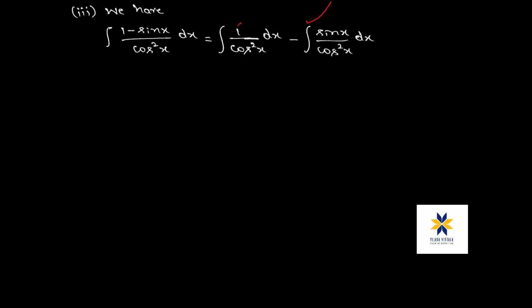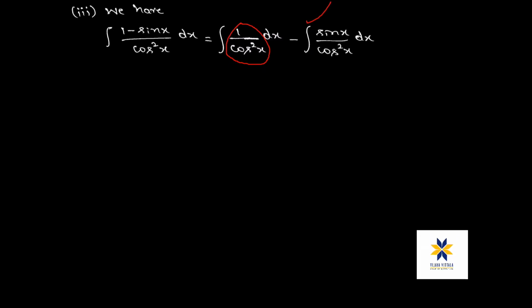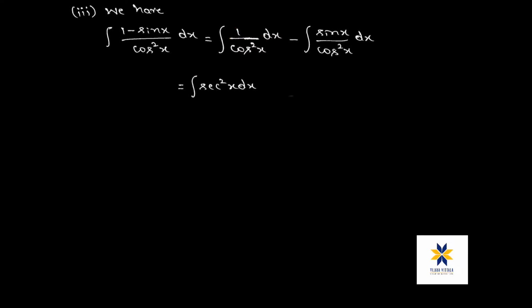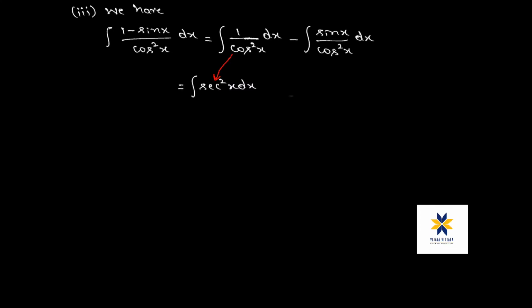Now we all know 1 divided by cos square x is what? It is secant square x. And here, what can be done here?